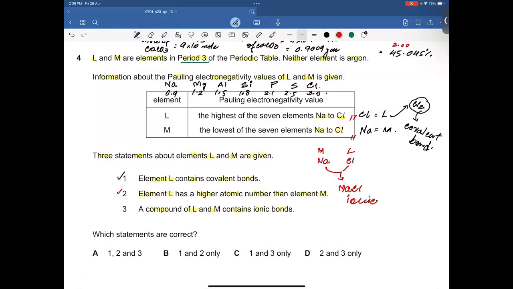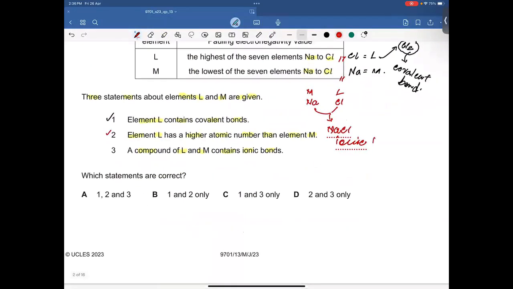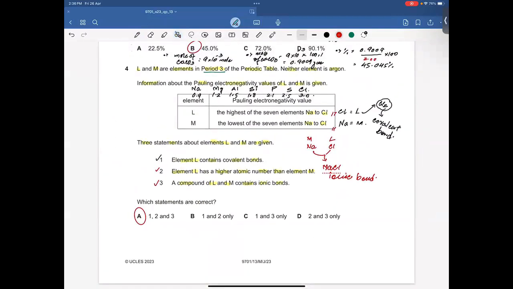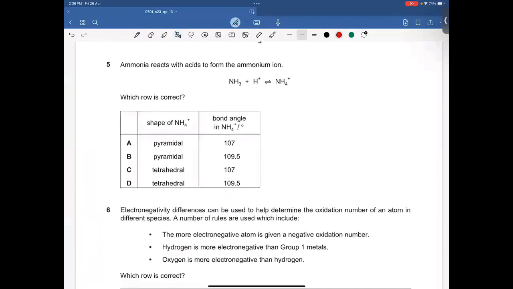It has a giant crystal lattice structure. So I believe third statement is also right, and therefore A is going to be the right answer. Okay, that's a very straightforward question, guys. Question number 5.